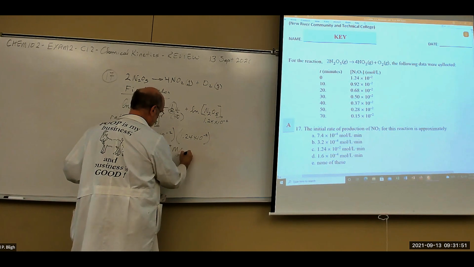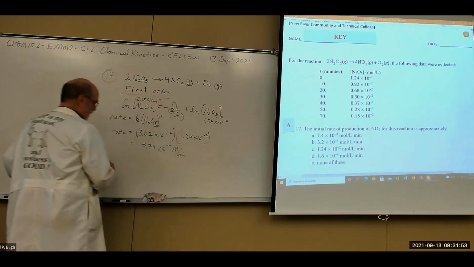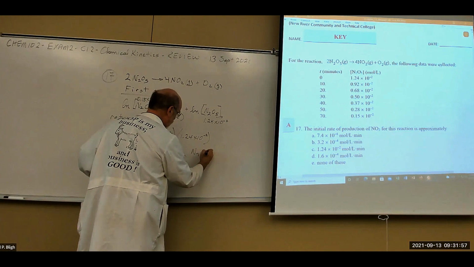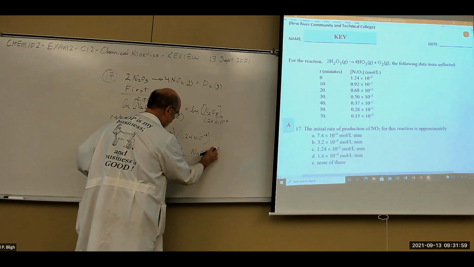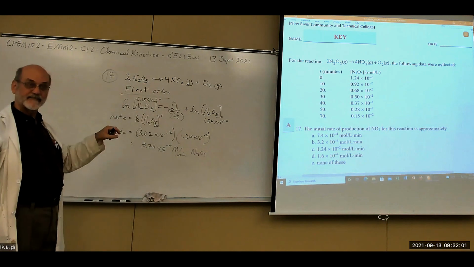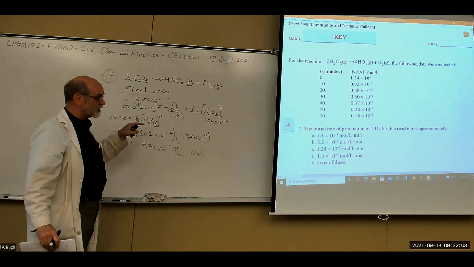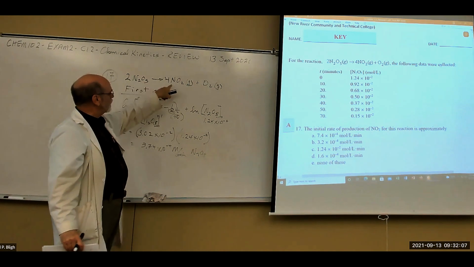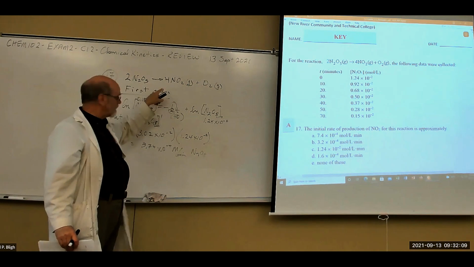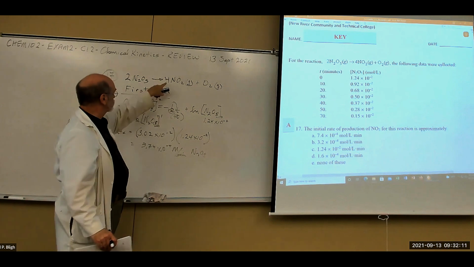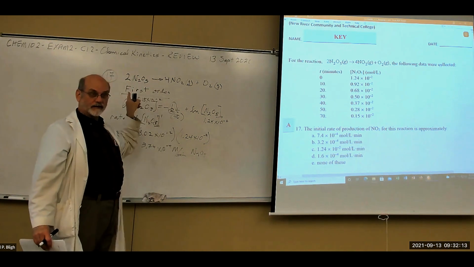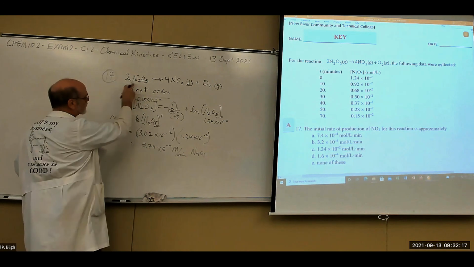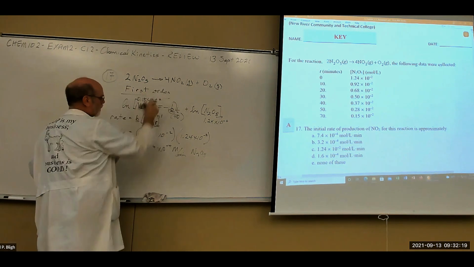Actually, it's units of measure. But this is for N2O5. So to answer the question, what effect does this have on that one? The initial rate of appearance of this is twice this one because it's 4 to 2, or 2 to 1. So we should double this rate. As this one disappears, twice of it shows up over here.